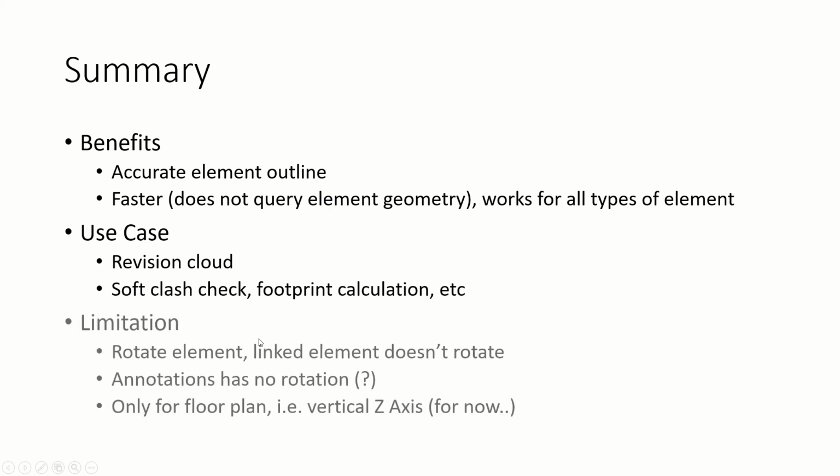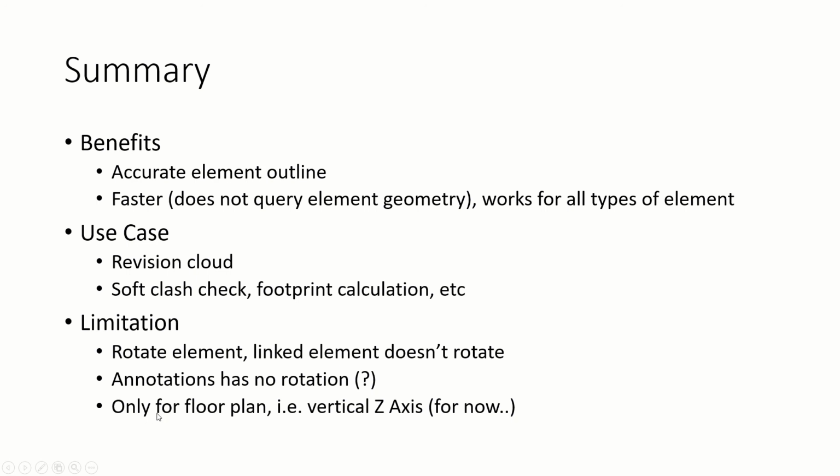Well, there are still some limitations. First, if it's 45 degrees, you have to rotate it. Of course, linked elements cannot be rotated, so you have to ignore those 45-degree elements, which is a little bit bad. Secondly, I couldn't find a way to calculate the angle of rotation on annotations or text boxes. This is a little bit confusing, and hopefully some of you will provide me with ideas on how to get the rotation on annotations.